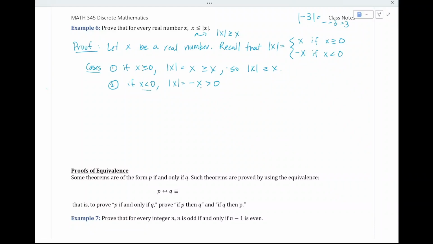So negative x is actually a positive number, which is greater than 0. And we know that 0 is greater than x because we're in this case right here. In this case, everything is kind of the reverse of what you would intuit. So this is actually saying the same thing. So the absolute value of x is greater than or equal to x. In either case, the absolute value of x is greater than or equal to x. And that's what I was hoping to prove.